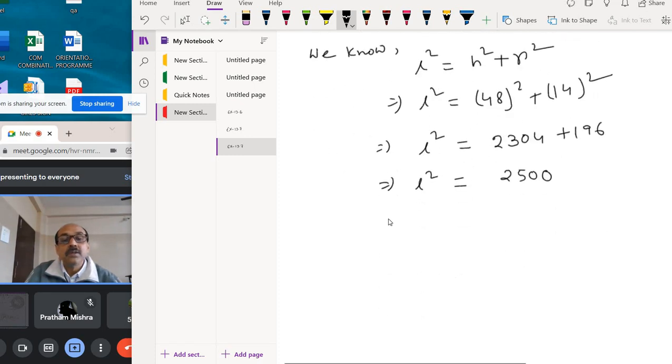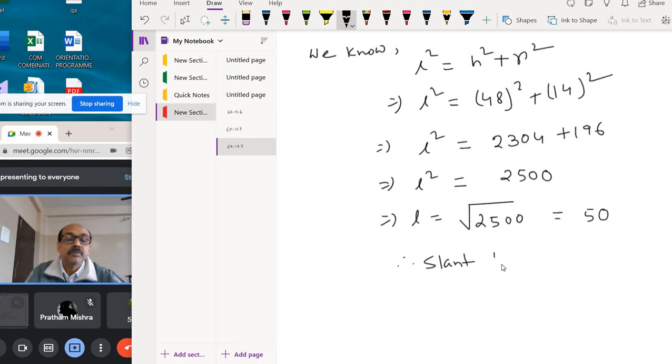Now L, the slant height, equal to under root 2500, which is 50. So therefore slant height equal to 50 centimeter.